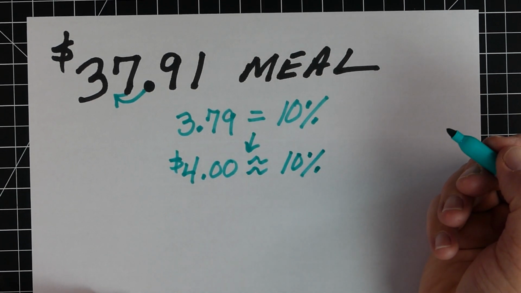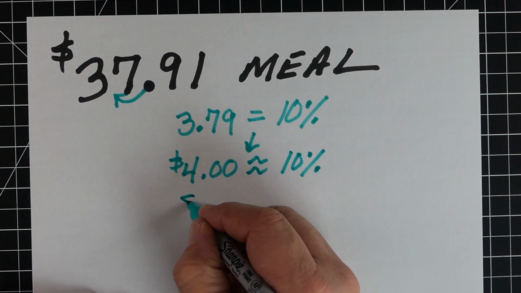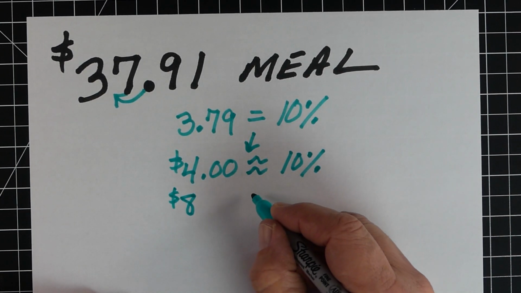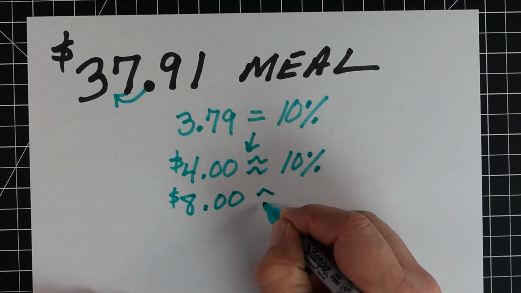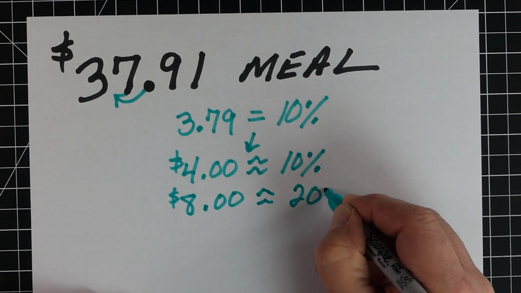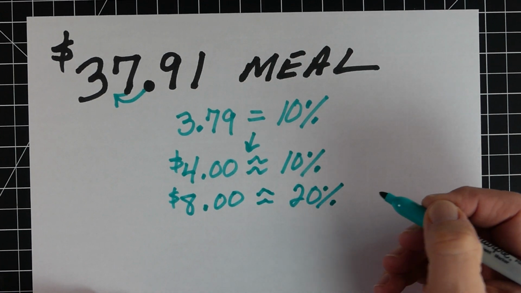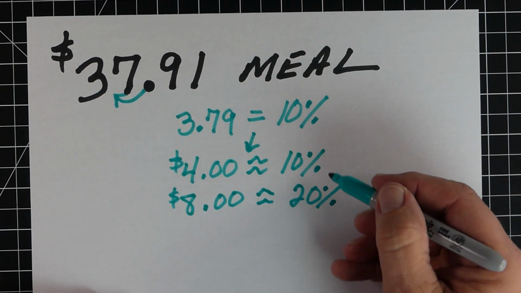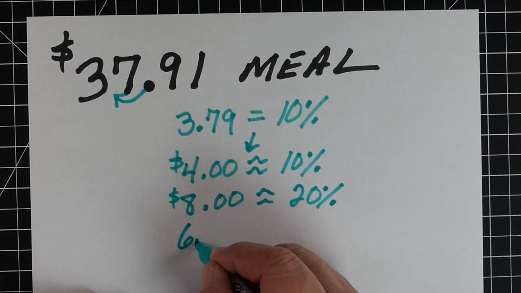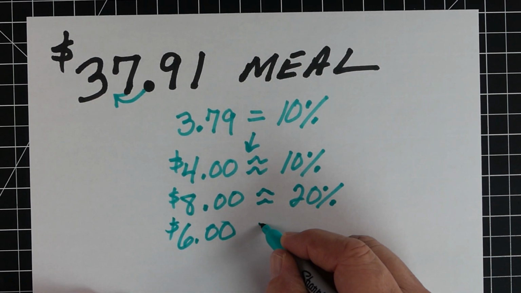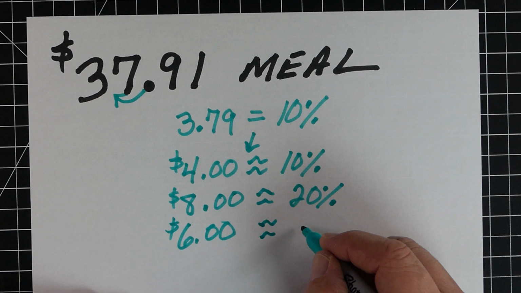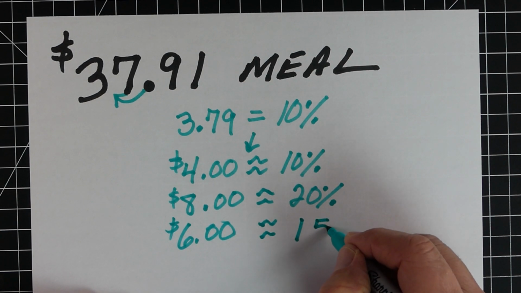If you want to find out what a 20% tip is, it's really easy now. Just double the 4, you get $8. So $8 is about a 20% tip. And if we want to split the difference there, and if we're looking at a 15% tip, just find half of 4, which is 2, and add the 2 to the $4, and you get 6. So $6 is about 15%.